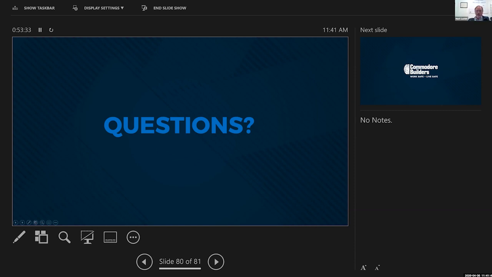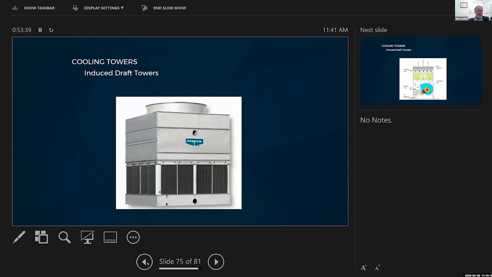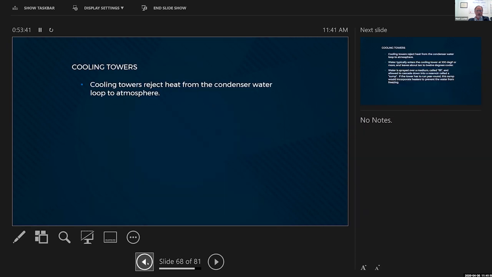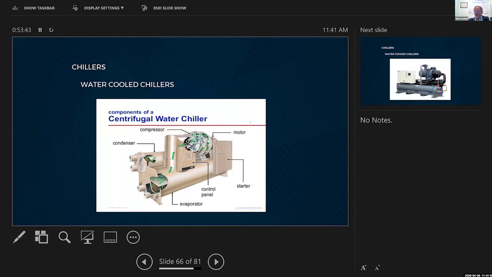Let's go back to that one picture. Usually what you're trying to do is minimize floor space. So you can sit the condenser and evaporator tube side by side, and sometimes you will see that.